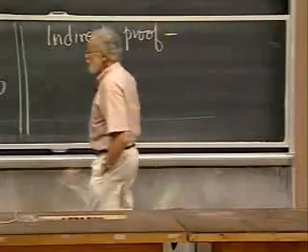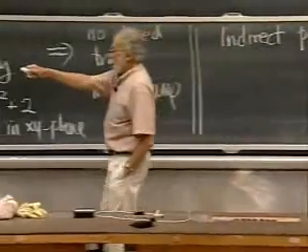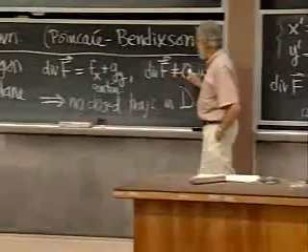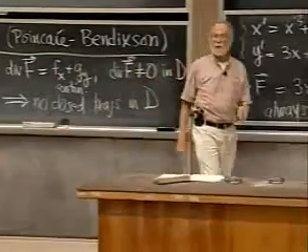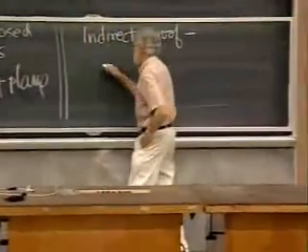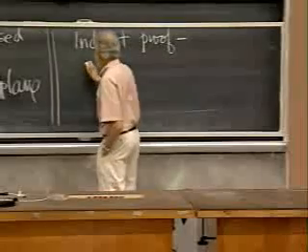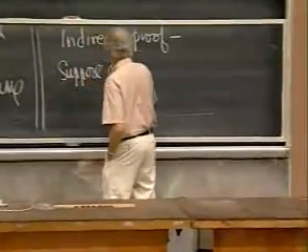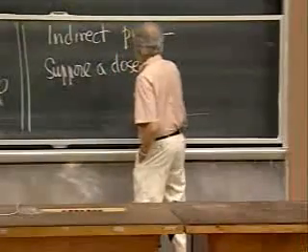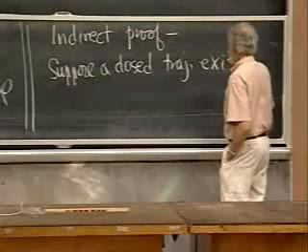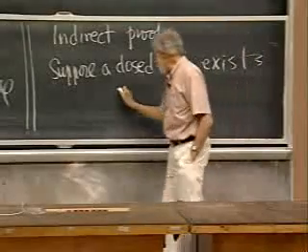So what would assuming the contrary be? I'll assume the divergence is not 0, but I'll suppose there is a closed trajectory. So suppose a closed trajectory exists. Okay, let's draw a picture of it.